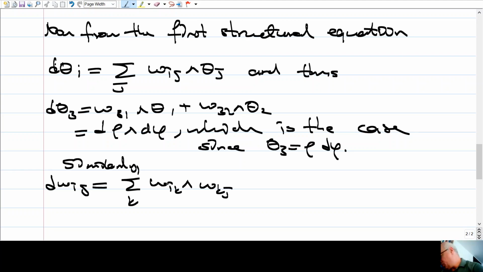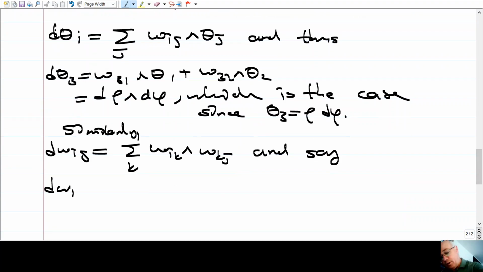Okay. And say let's compute just one of them, omega 1 2. This is, so i is 1, j is 2, so this is the summation of omega 1 k wedge omega k 2.